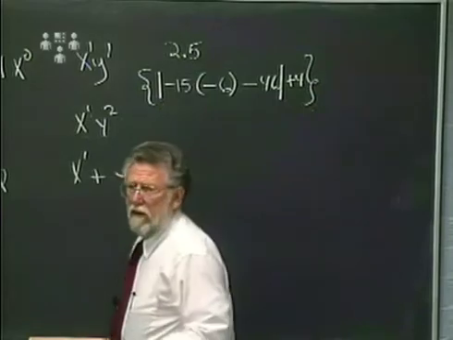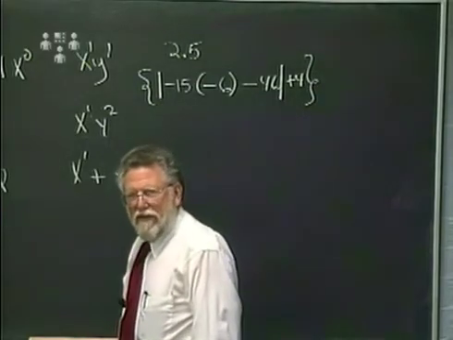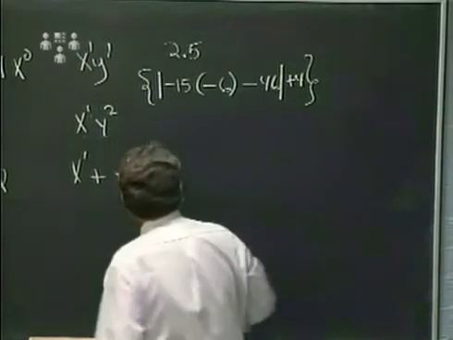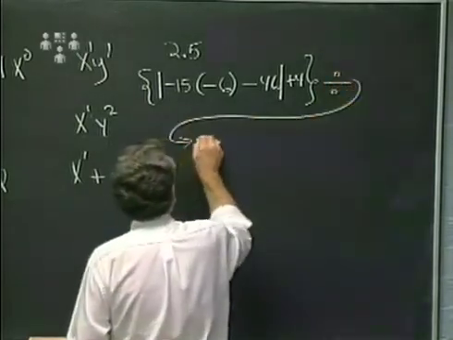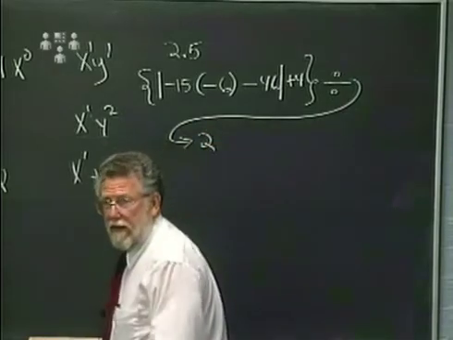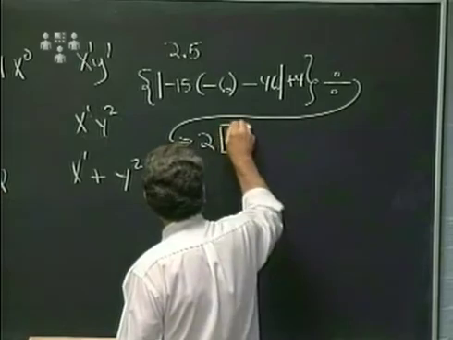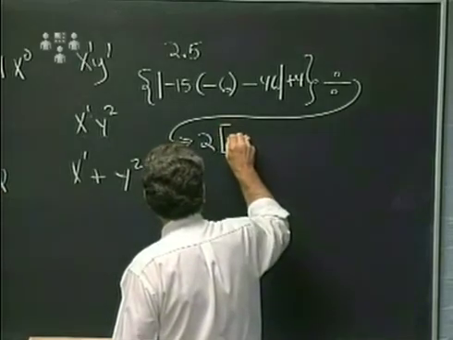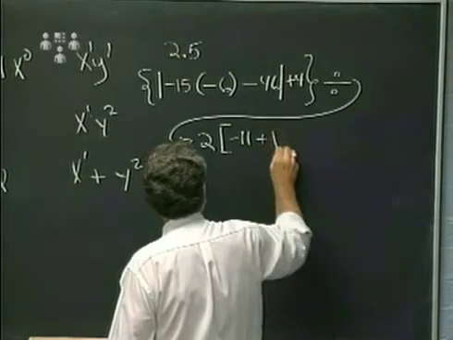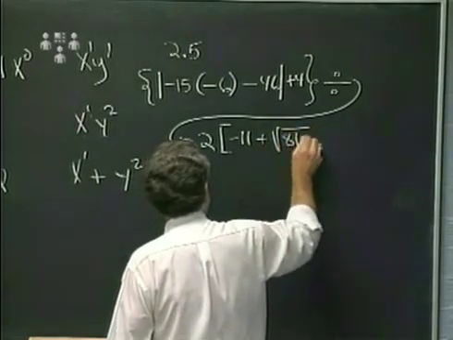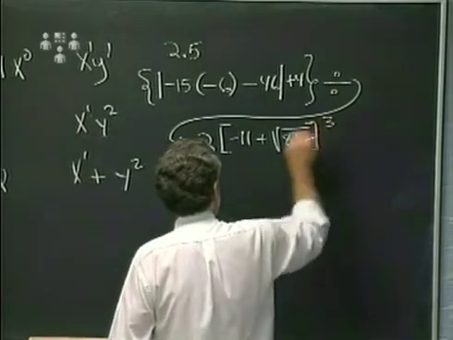Done. Thanks. So I have a divide by here. Is it okay if I just come down here? 2. Bracket. Open bracket. Negative 11. 81. Close bracket. To the third.